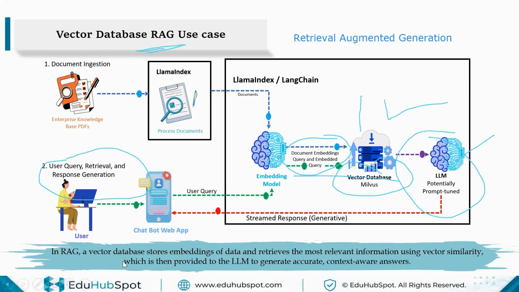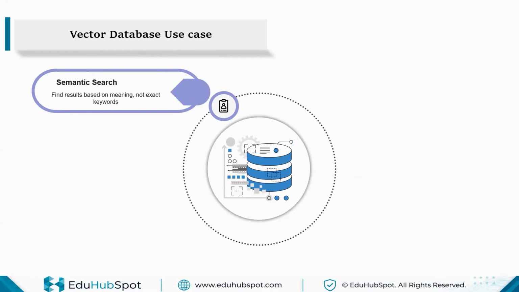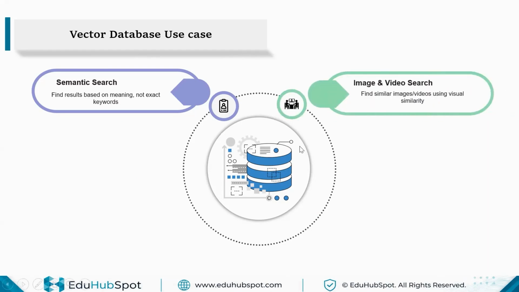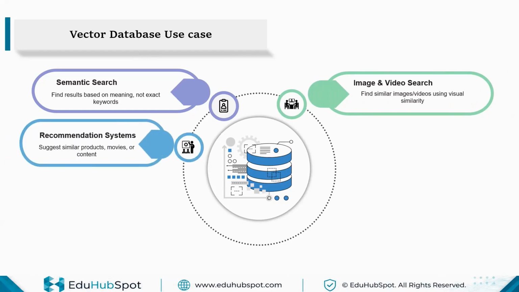Apart from RAG, vector databases are used in many real world applications. For example, semantic search. They find results based on meaning, not just keywords. In image and video search, they find visually similar content. In recommendation systems, they suggest similar products, movies, and content.